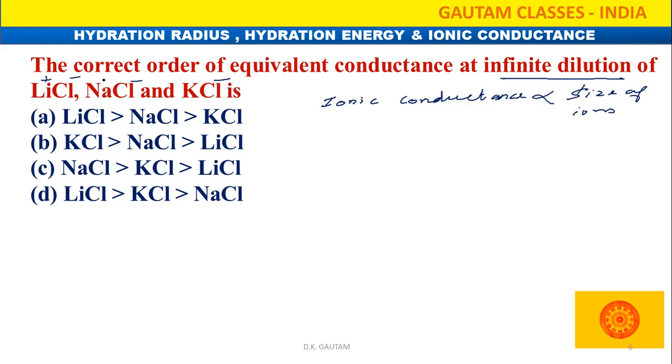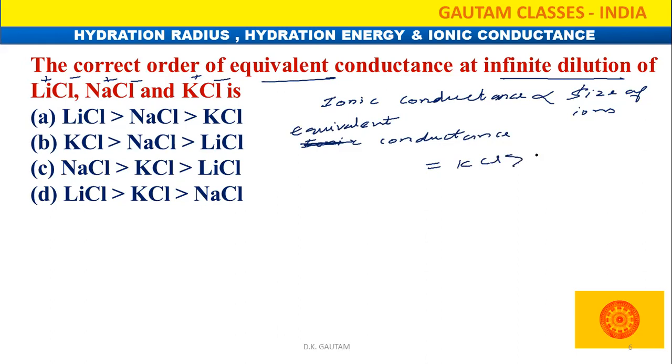What is going to change? Lithium ion, sodium ion, potassium ion. Here equivalent conductance is given, so the order is: potassium chloride is the highest, then sodium chloride, and at the end lithium chloride. So potassium, sodium, lithium. Which one is the correct answer? B is our correct answer.